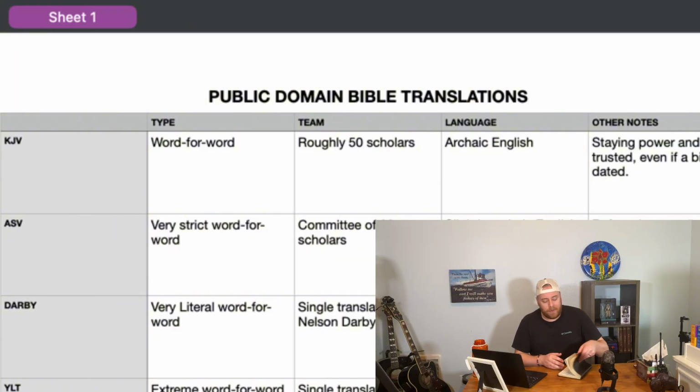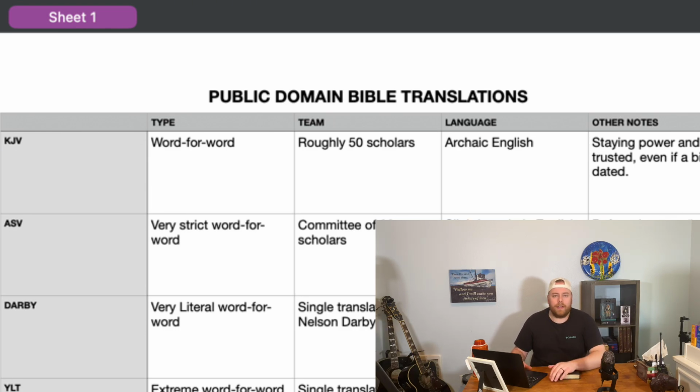And after it's been translated, there's not necessarily a great way for you to go back and study that, in my humble opinion. So I tend to lean more towards word for word. I hope that made sense. But all 9 of these are pretty far on the word for word side of things.